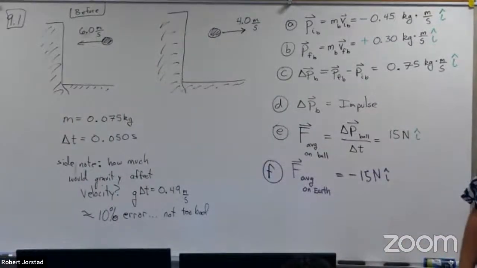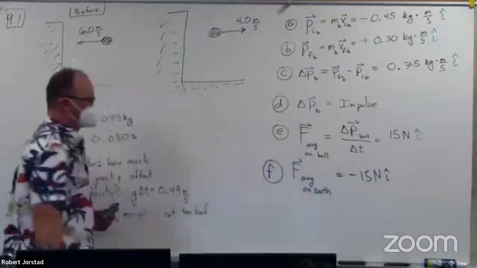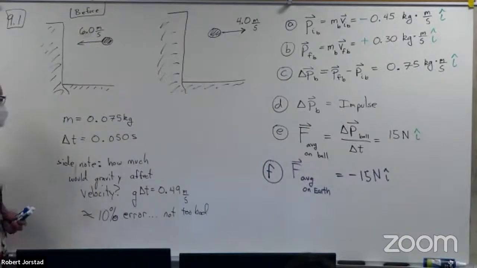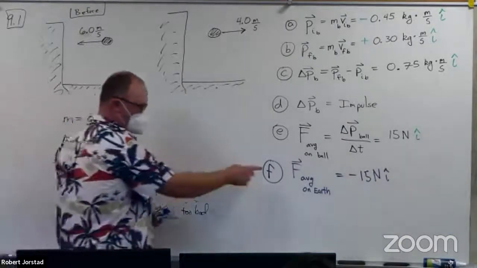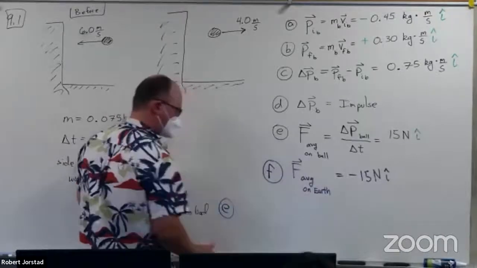What's the change in the earth's velocity? How could I get the change in the earth's velocity out of this? How does this relate to velocity?